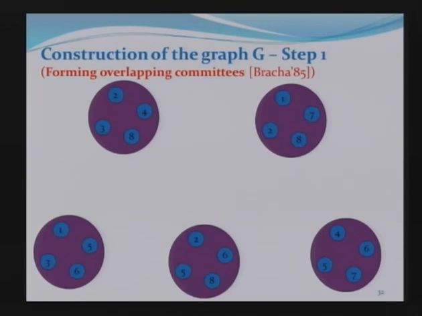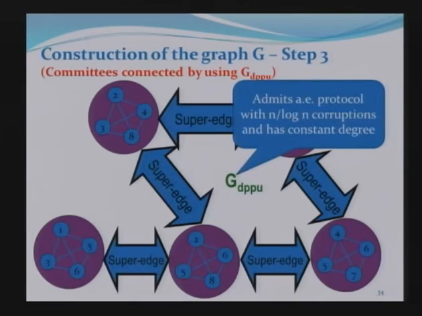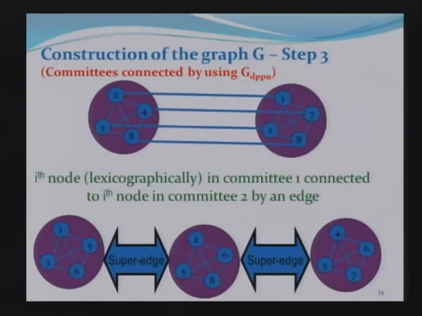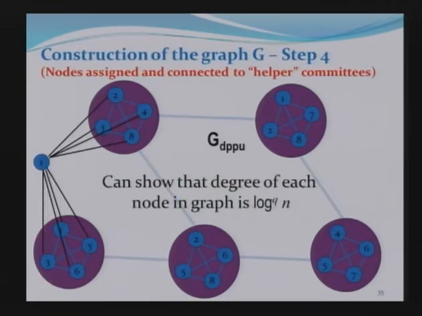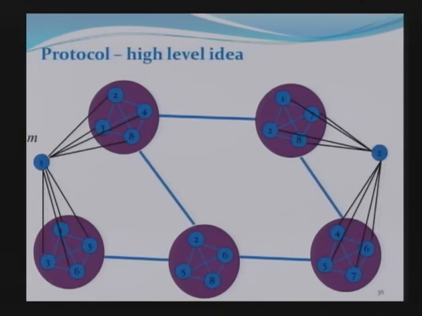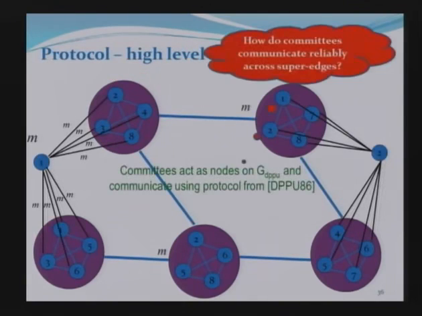The property of expansion helps, but it's not necessarily sufficient. You need to put in graphs in some specific manner, and once you connect them, you can show that they can reliably talk to each other. I don't think I'll have time to go over this, so I'm just going to state the result over here.